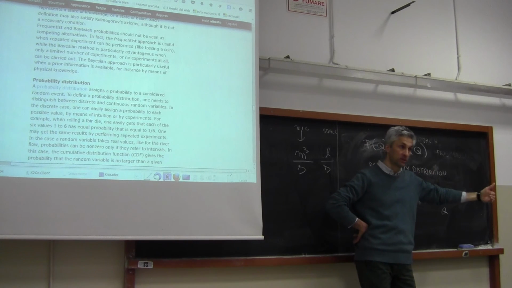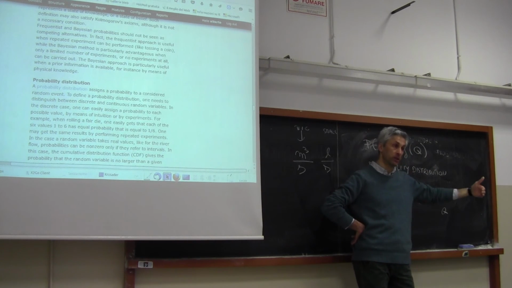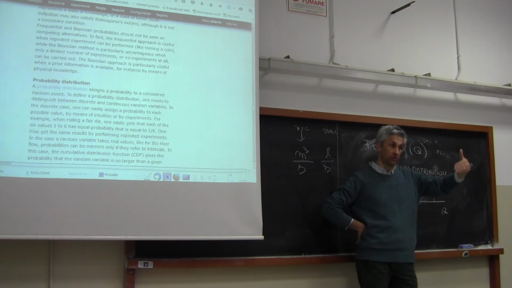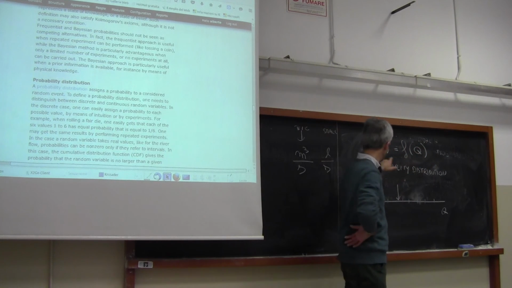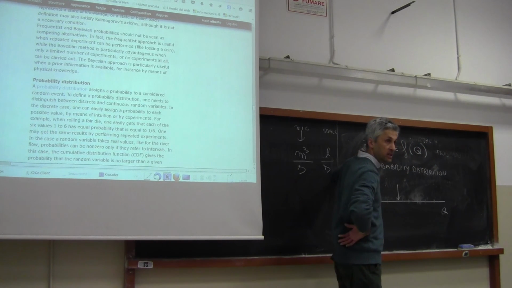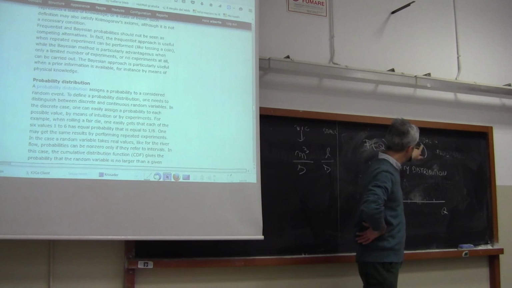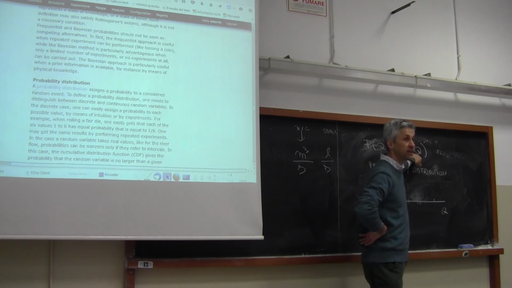The return period, in turn, is related to the frequency of occurrence. So basically, the probability distribution is useful because by knowing the return period, I can estimate the probability, and then by applying this analytical relationship, I get the peak river flow.